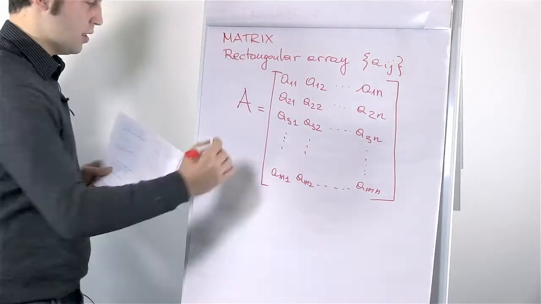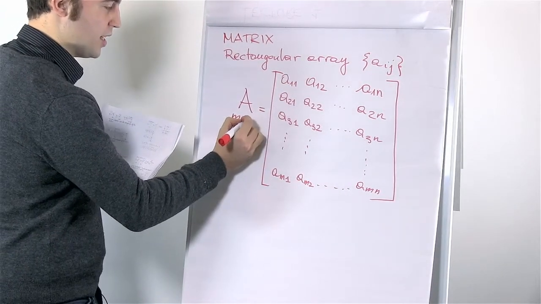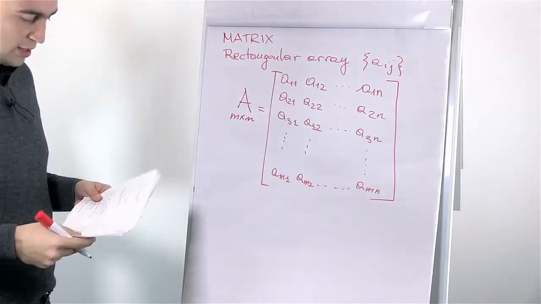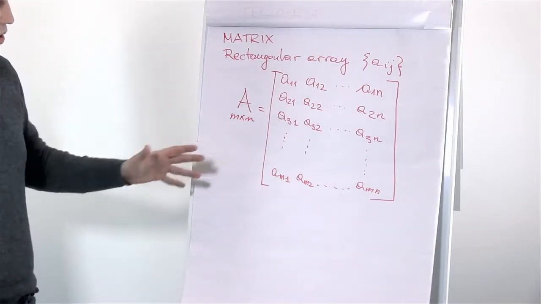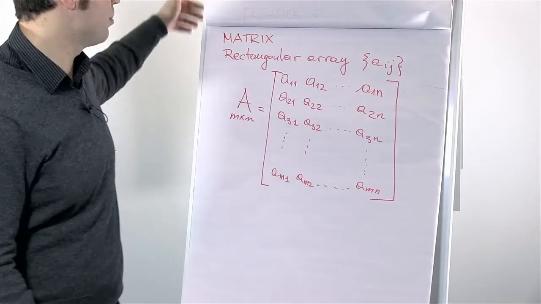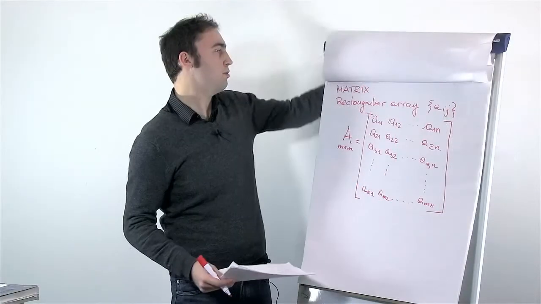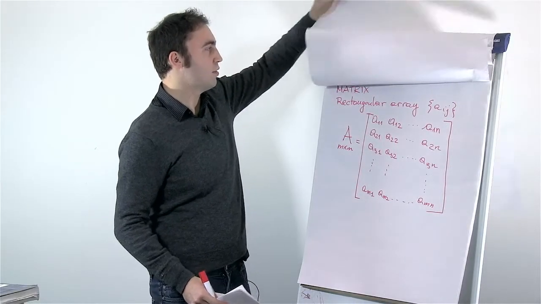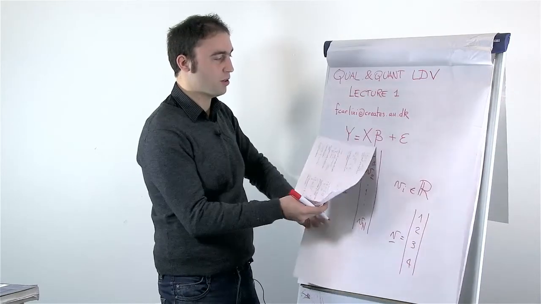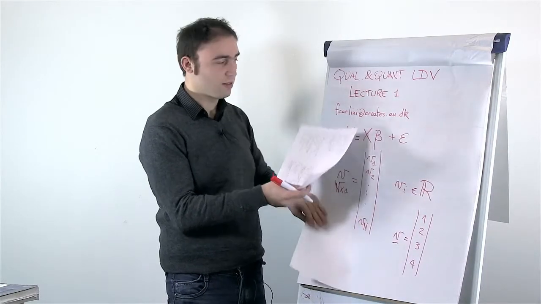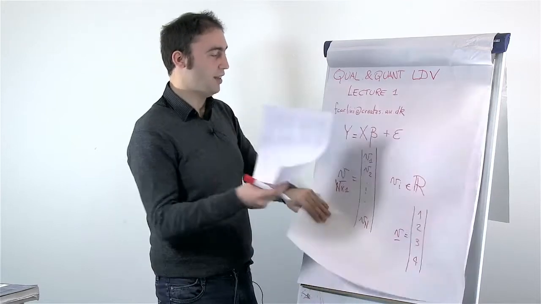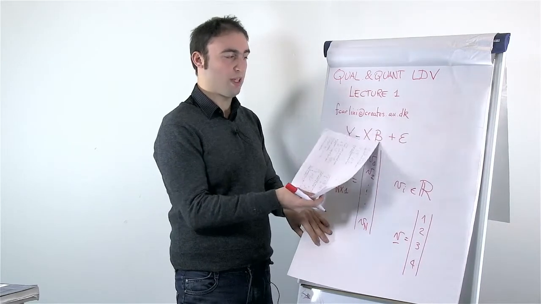This is an m by n matrix, and in the example before, this is the matrix X. And for example, a vector is y or beta or epsilon.